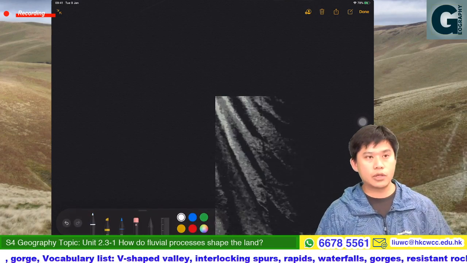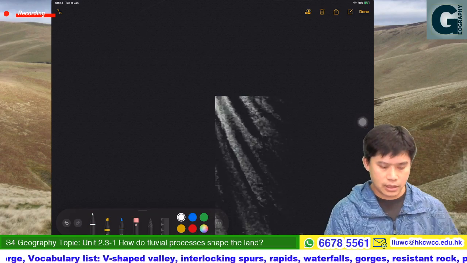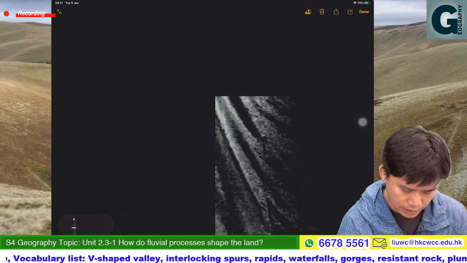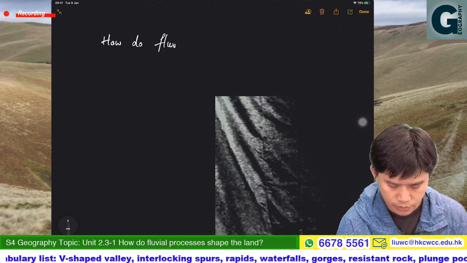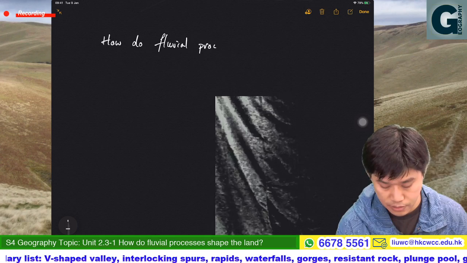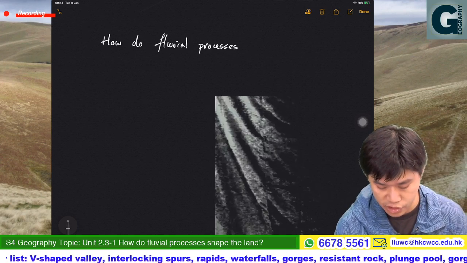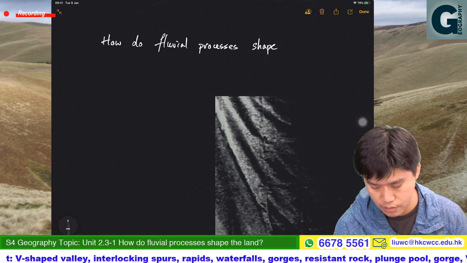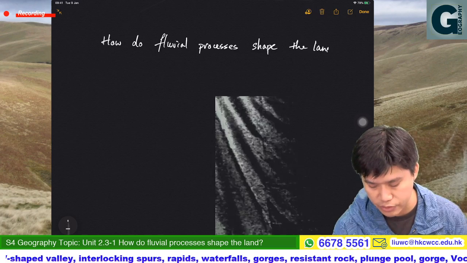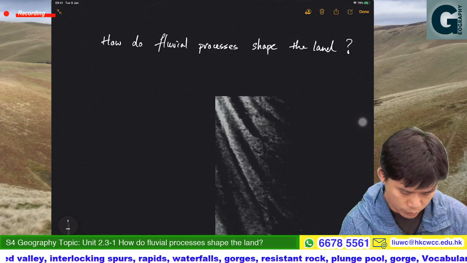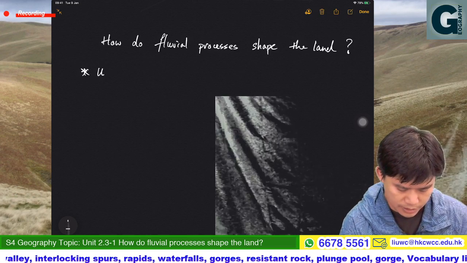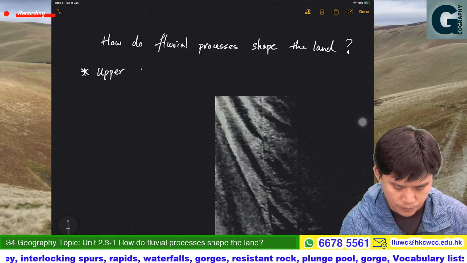So what do we talk about? What do we study today? That is how fluvial processes shape the land. That is our topic. Today we talk about examples in the upper course.